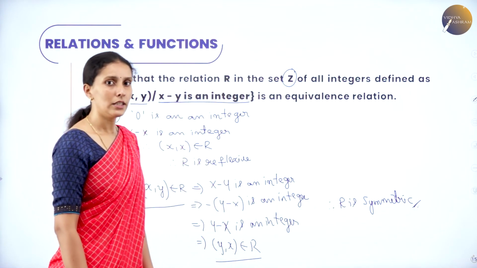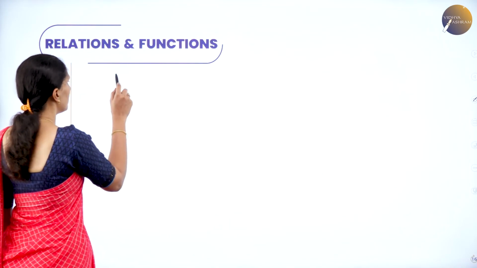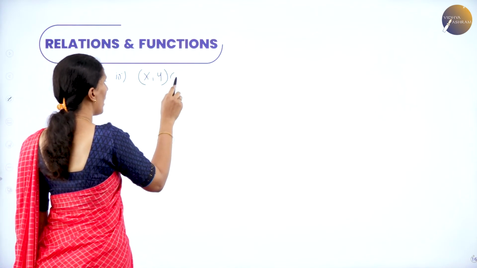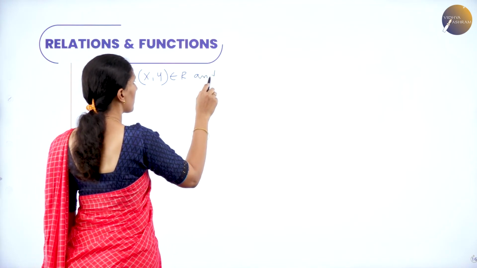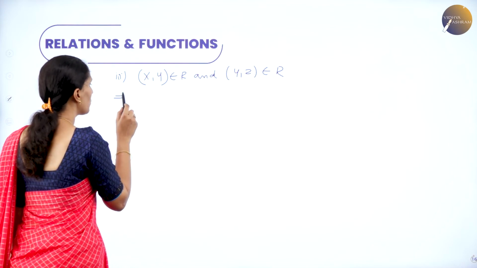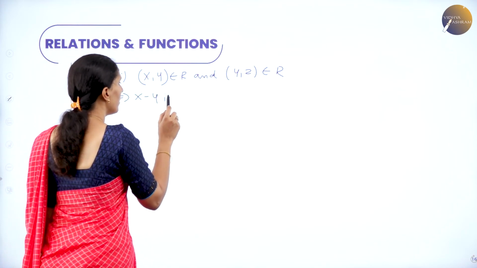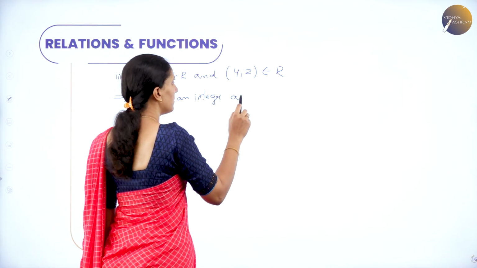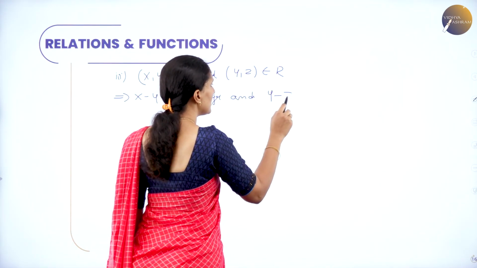Now let's prove the third property. Take (x, y) belongs to R and (y, z) belongs to R. So this implies x minus y is an integer and y minus z is an integer.